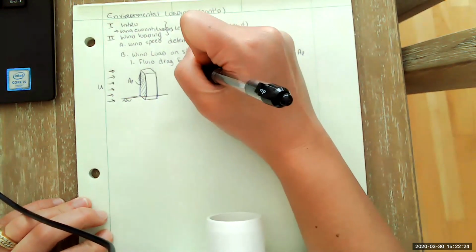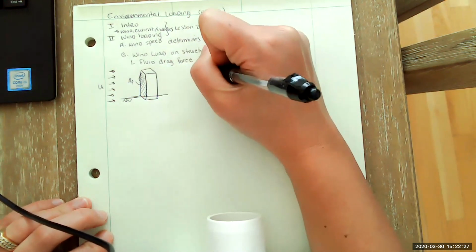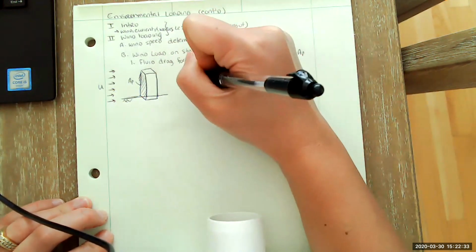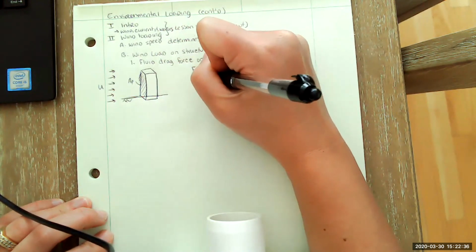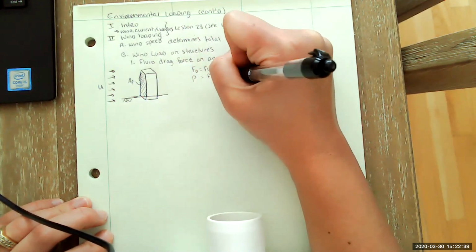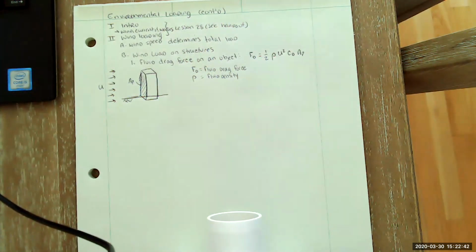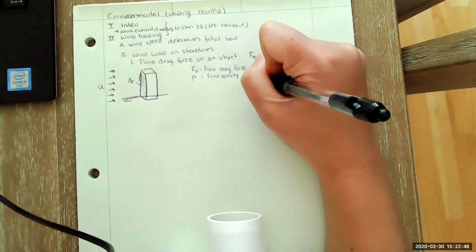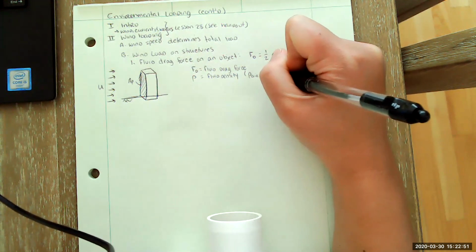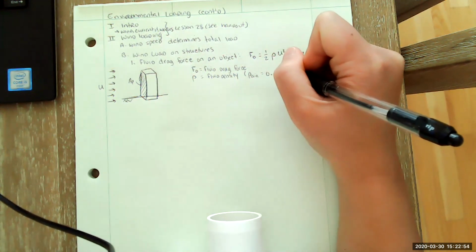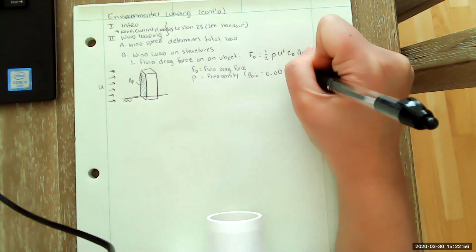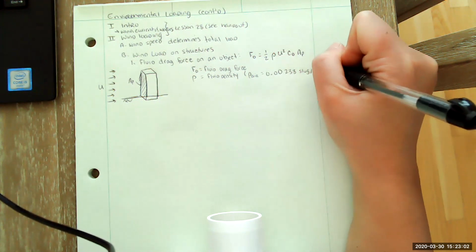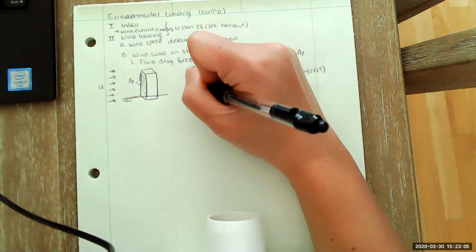So again, F sub D is equal to my fluid drag force. Rho is my fluid density. Since we're going to be calculating wind forces, the most common fluid we'll have is air. Please note that the density of air in English units is 0.00238 slug per foot cubed. And U is the fluid velocity.